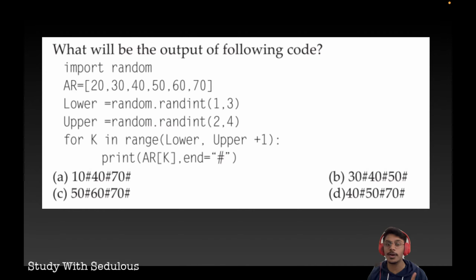Maximum indexing is 4. 20 would be 0, 30 would be 1, 40 would be 2, 50 would be 3, and 60 would be 4. So till 60 only. 70 is not an index of 4, 70 would be 5, so 70 is also cancelled. So A, C, D are cancelled. It's option B. 30, 40, 50 is the only option possible.